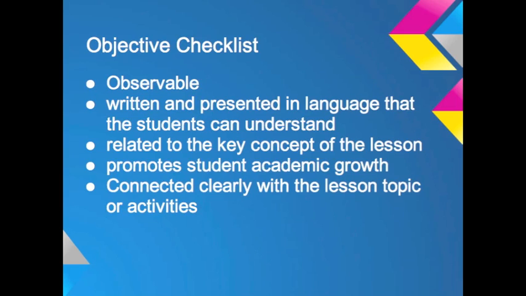Related to the key concept of the lesson, promote student academic growth, and connected clearly with the lesson topic or activities. If you're like me, I like to state my objectives and then go back at the end of the lesson and state them. It sort of keeps me on track. It makes me say, okay, did we do this? Can my students do this? And so it's sort of like a self-check for your own self also at the end of the day.